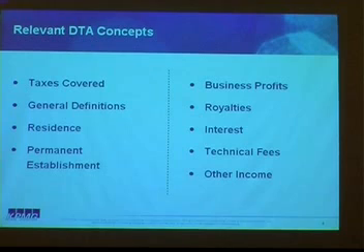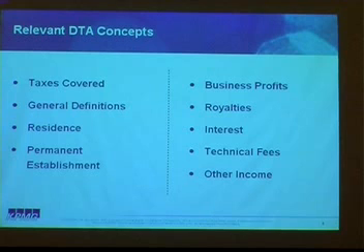So there's a very close link between permanent establishment and business profits. There will also be articles dealing with royalties, interest, technical fees, and generally there is an other income article.